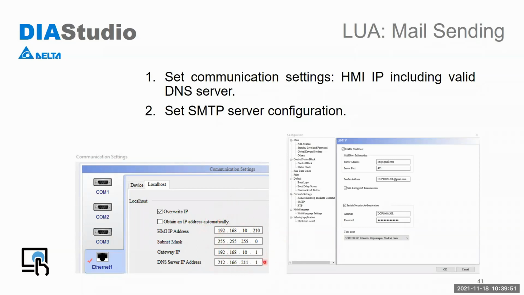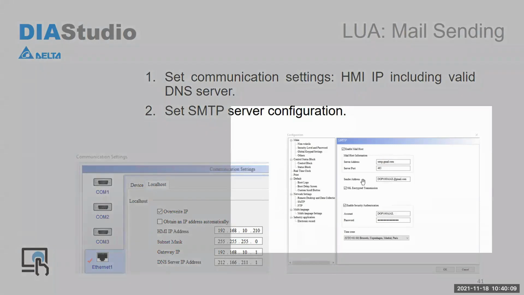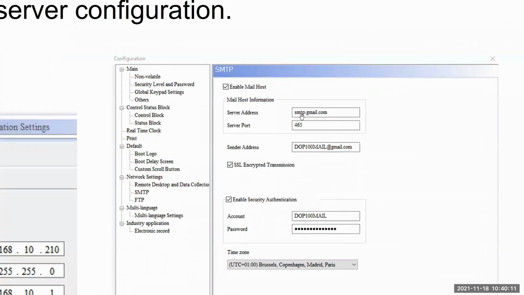We need to set up a DNS server IP address because when we indicate which is the SMTP server address, we will use this kind of notation, smtp.gmail.com.